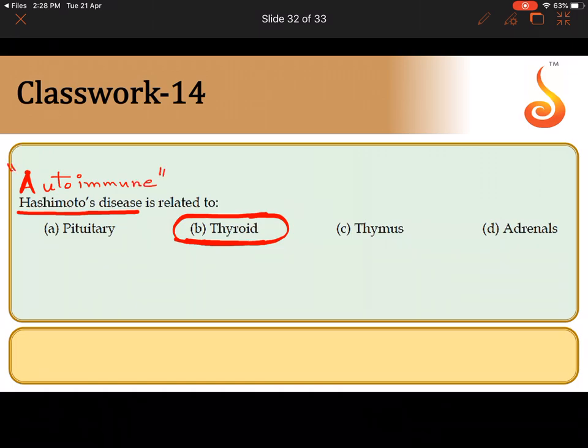Normally our immune system is supposed to protect our body organs, but in Hashimoto's thyroiditis, a person's immune system starts destroying his own thyroid gland, and that results in a condition called Hashimoto's thyroiditis. So when your immune system, instead of protecting your body cells, turns against them and starts destroying them, we call it an autoimmune condition.